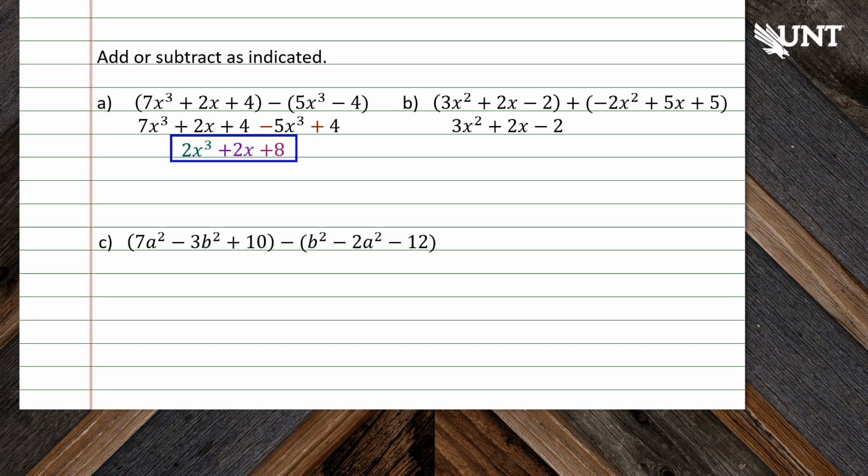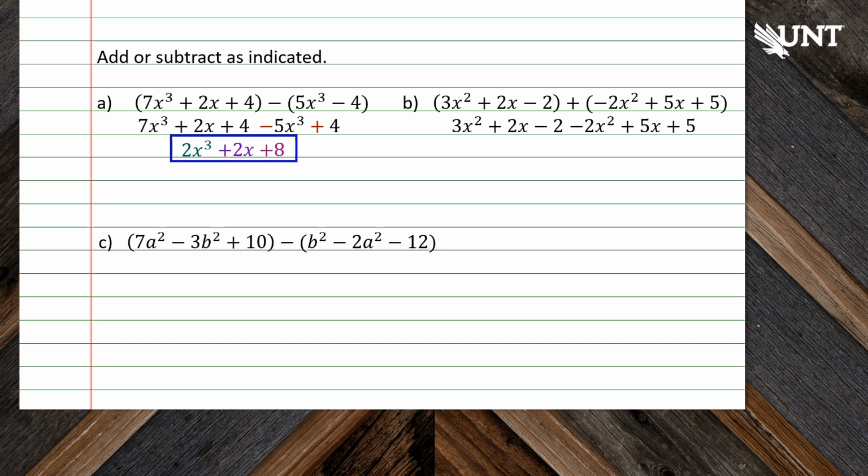And a plus sign means there will be no sign changes. There is nothing to distribute, so we do not need the second parenthesis set. So we can freely write it as minus 2x squared plus 5x plus 5. Now that we have removed all grouping symbols and checked to see if there was any multiplication or division, we are now ready to do sum and difference. In other words, combine our like terms.